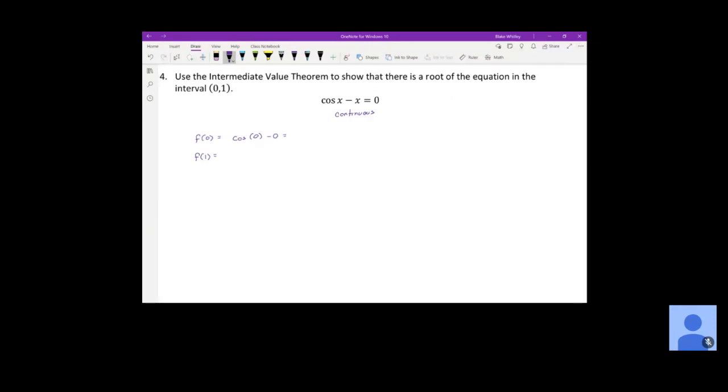So if I ask you to use the intermediate value theorem, assume it's continuous, but write out that it is, just so I understand that you recognize that it has to be. But I would never give you a discontinuous function and ask you to use intermediate value theorem, okay? All right, so cosine 0 is going to be 1, good, minus 0, and so that's equal to 1.